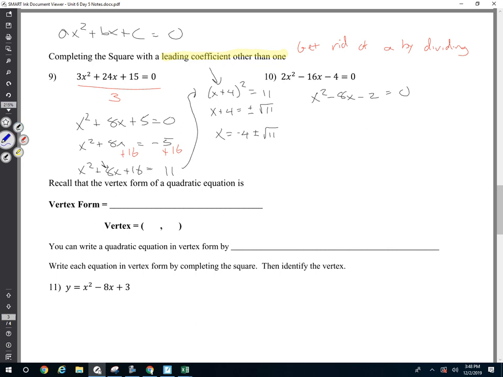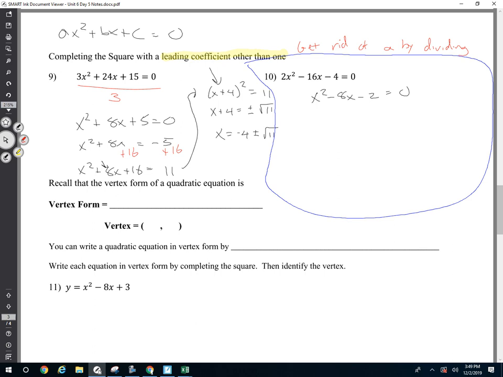I'm over here now. More on this one. Go ahead, do every step.